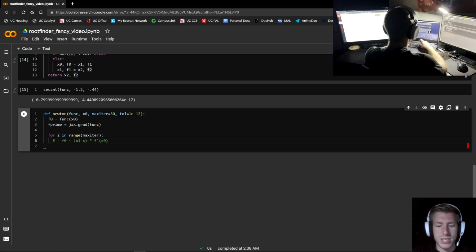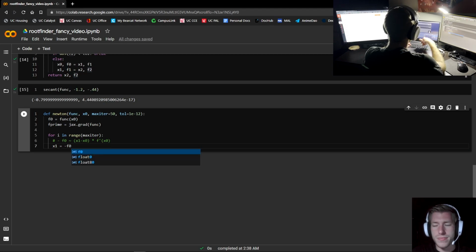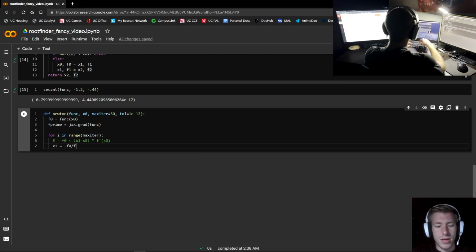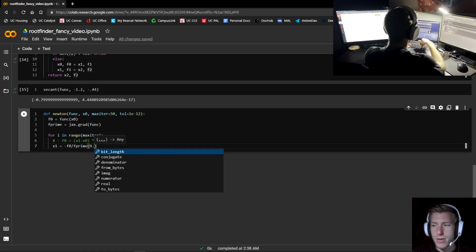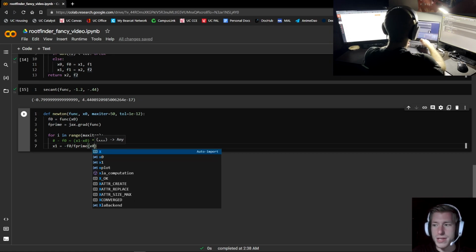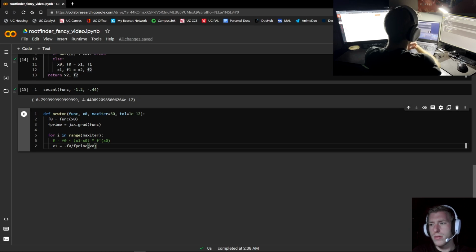But since our dx is actually x1 minus x0, as we did last time, we can just solve for x1. So x1 is going to be equal to negative f0 divided by f prime at x0, plus x0 again.